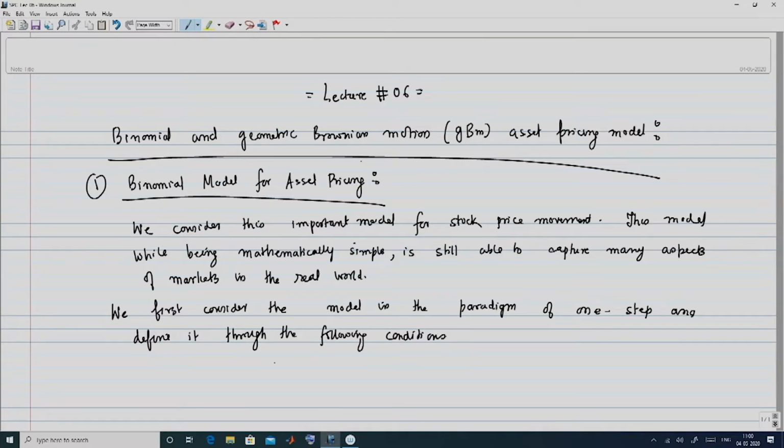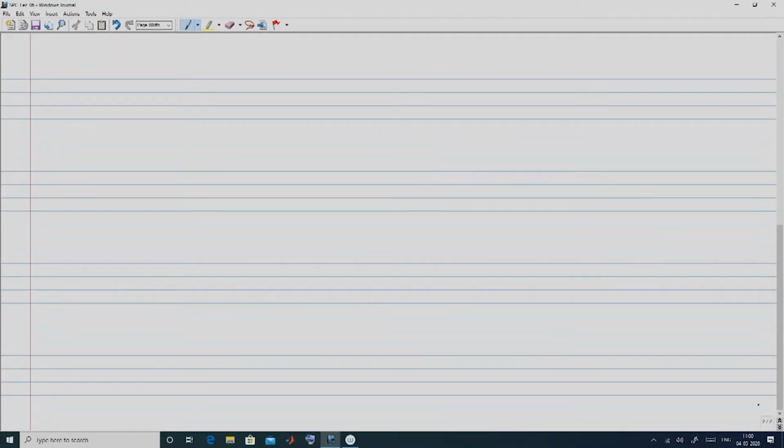So, before I start with the conditions, let me just say that we will look at some time points 0, 1, 2 and so on. These are just the indices for the different time points. So, we start looking at the first condition.